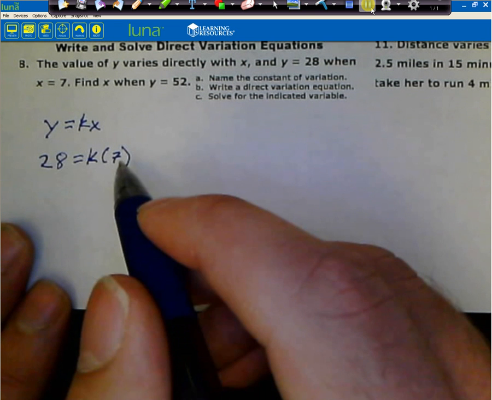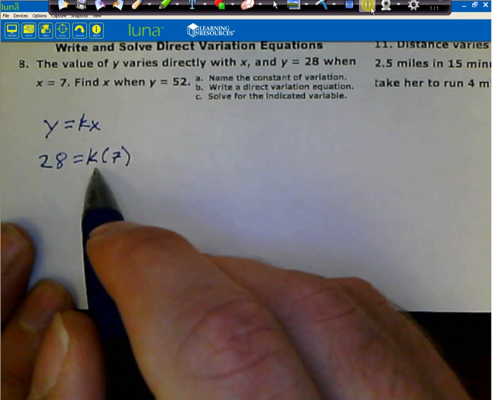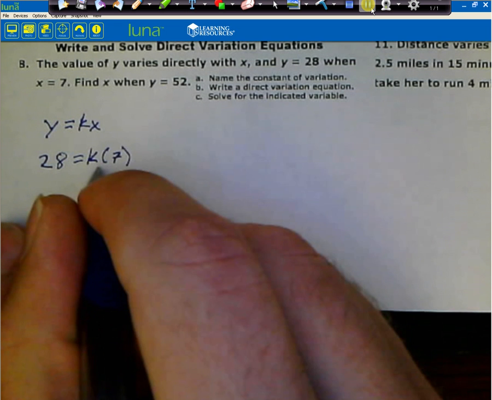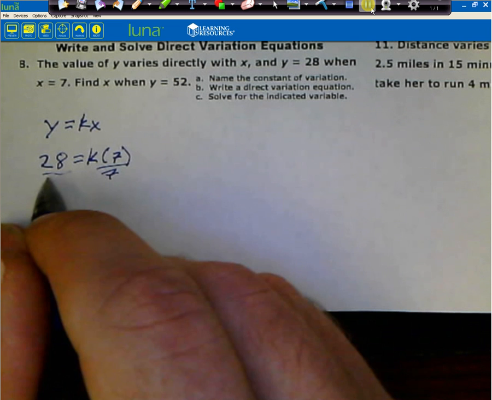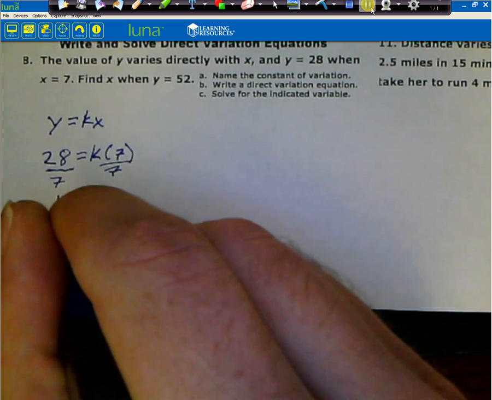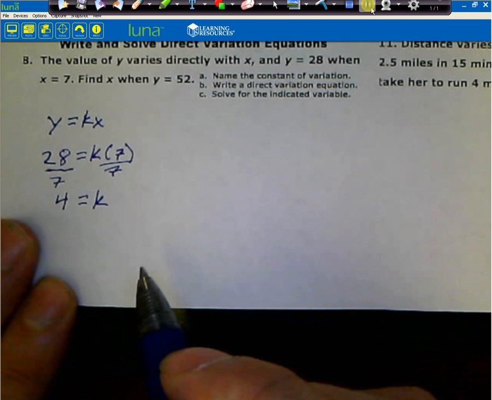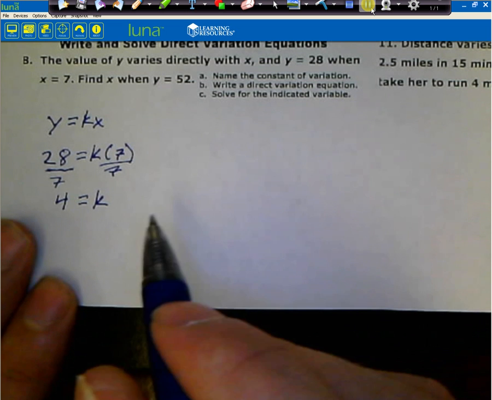Alright, so I know this y value of 28, I know this x value of 7. What I don't know is this k. So to find that k, I'm going to divide both sides by 7. 28 divided by 7 is 4. So 4 equals k. And k is my constant of variation for this problem.